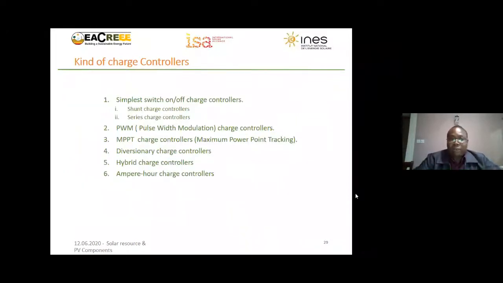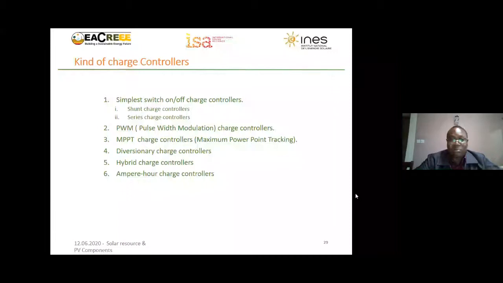So we have a number of kinds of charge controllers. I'll just move very quickly through them. The first one, which is very common, especially for off-grid and quite cheap to buy, is the simple on or off charge control.